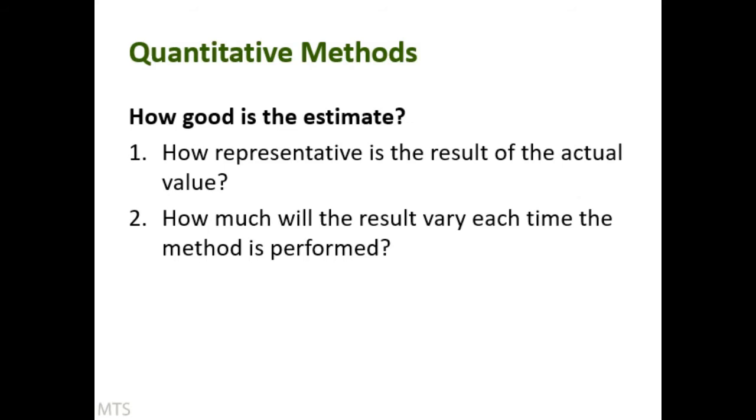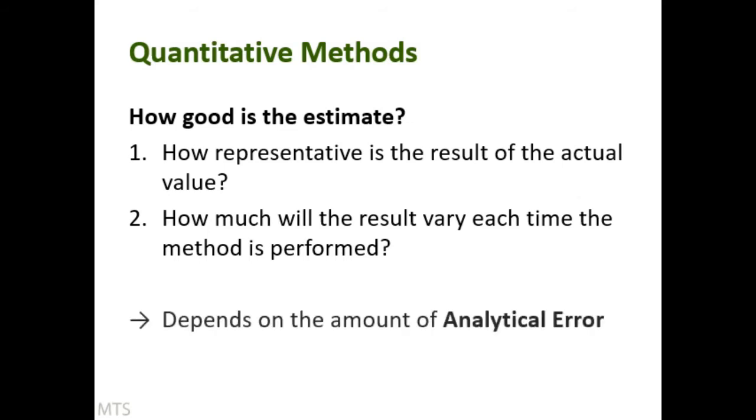Now, in terms of, well, what influences both of these, it's analytical error. And it depends on your background how familiar you are with analytical error. I find a lot of analysts who work in labs don't necessarily come through an analytical chemistry background, and they might not be as aware. But if you have come from more traditional, you've done chemistry, you've done analytical chemistry, this is probably a very familiar concept.